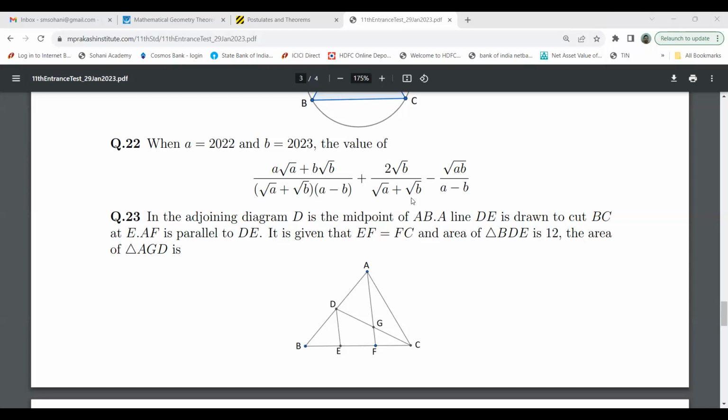Okay, so which question are we doing now? Question 22, the last question for the day. I'm going to solve the question quickly on the board. I'm not writing the question on the board, I am writing the next step of the question, so don't get confused.